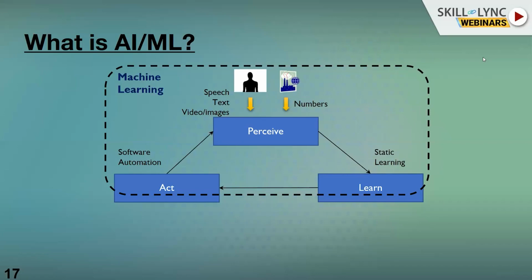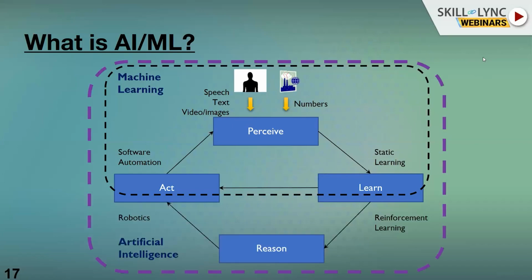So machine learning, in the context of AI, is the foundation of developing that artificial intelligence capability. The gamut of machine learning applications that you see is all about perceiving, then learning from the data, and then taking action about it. The fourth component here, which is the critical one, is developing that faculty of reasoning.